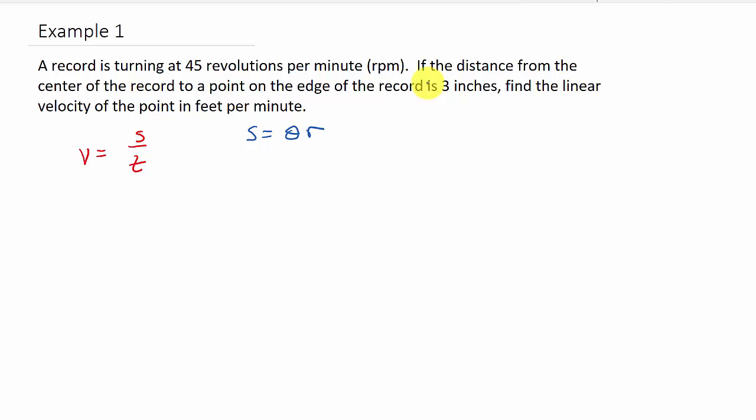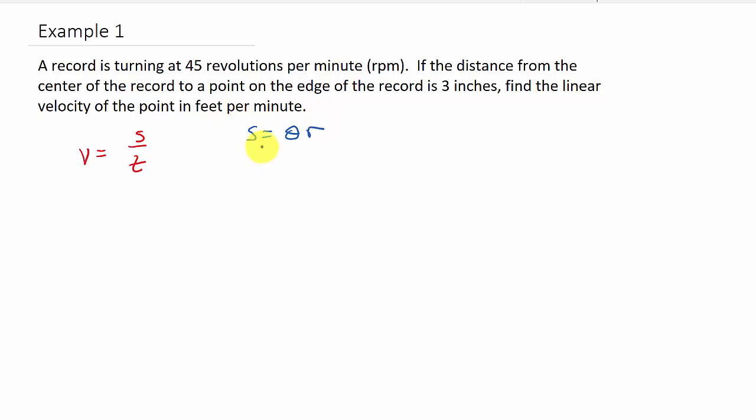But what I would recommend doing, because sometimes the conversions might get a little more complicated than just going from inches to feet, is to work everything in the units that are given and get the answer in those units, and then convert that to whatever units they're asking. So what we're going to do is find inches per minute, and then once we get that answer, we'll convert it to feet per minute.